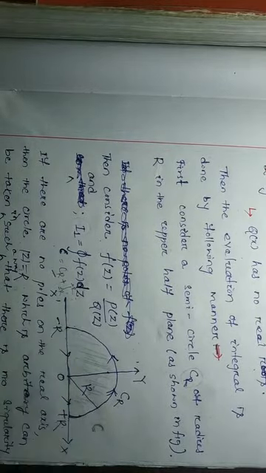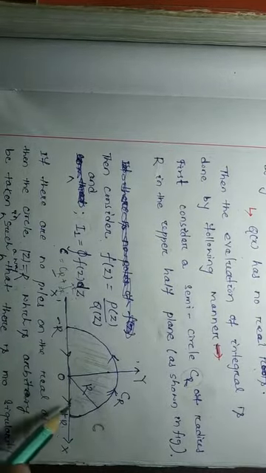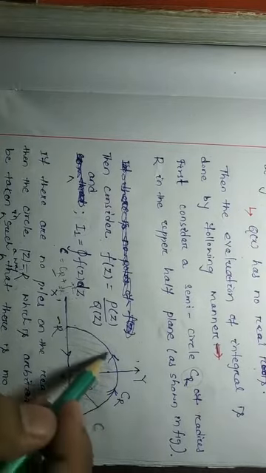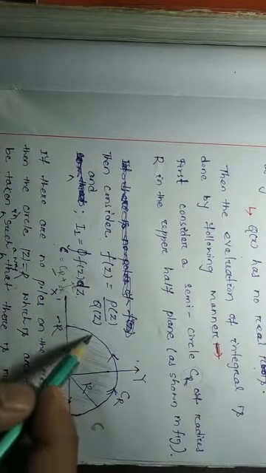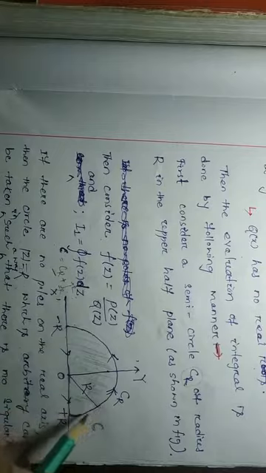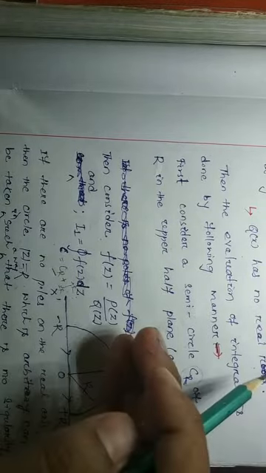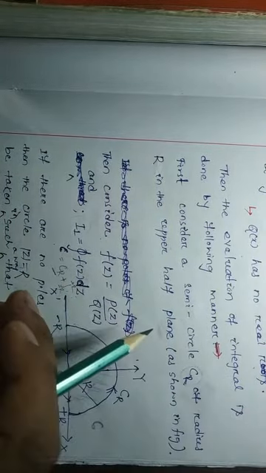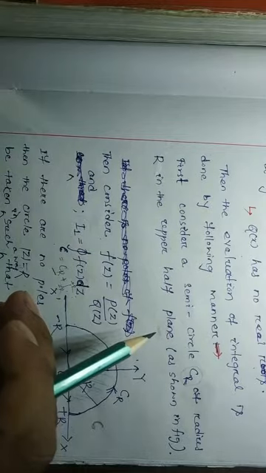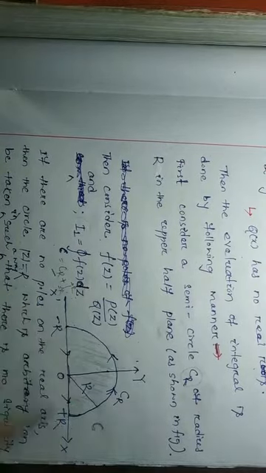If this is the real axis, this is the upper half of the complex plane, and the other half of the complex plane is below the real axis.